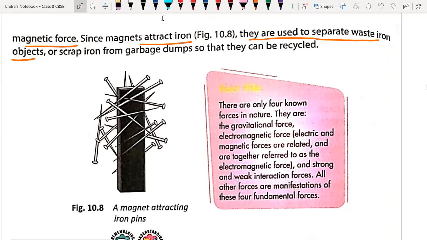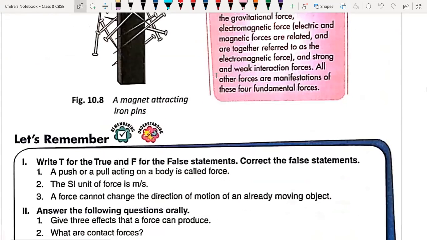This is also called the magnetic separation method. Iron garbage dumps can be separated easily with the help of a magnet and then recycled. So this is all about the magnetic force.